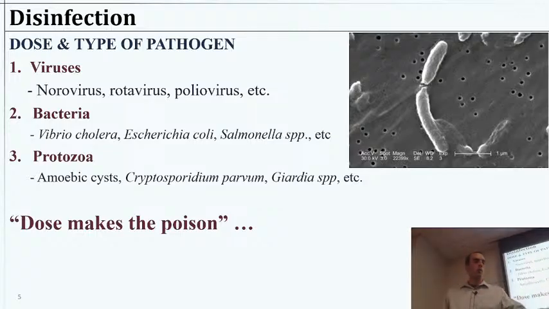So if we're worried about it in the water, it also is quite possible that you could get it through food. So if you've ever had what you typically call food poisoning, it was probably a food infection caused by consuming something like norovirus.